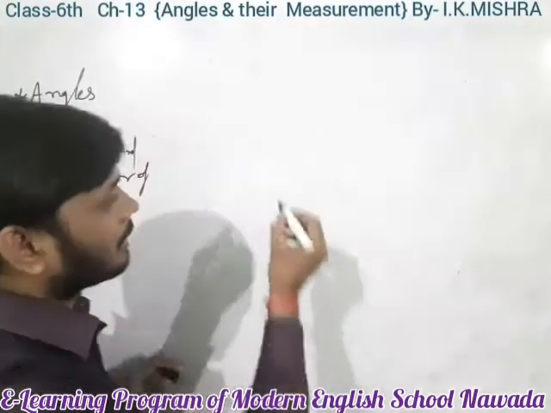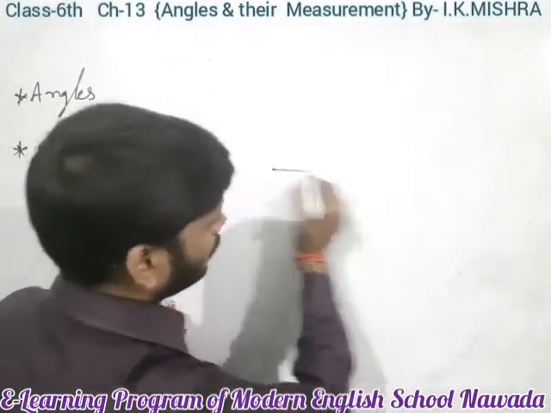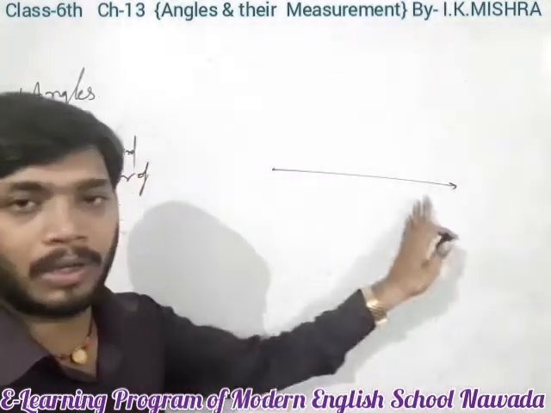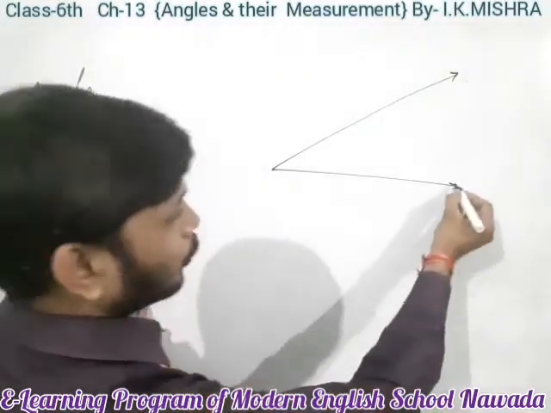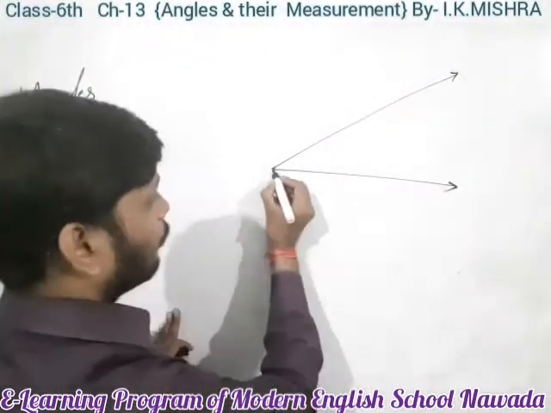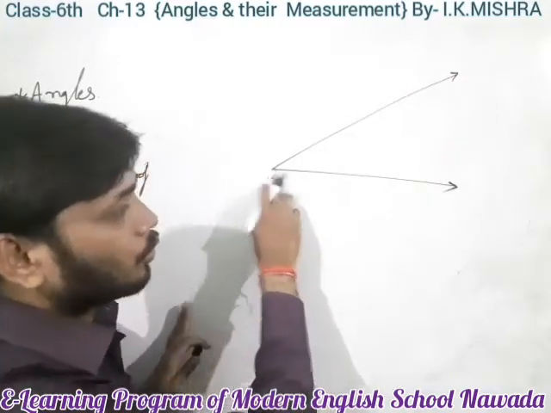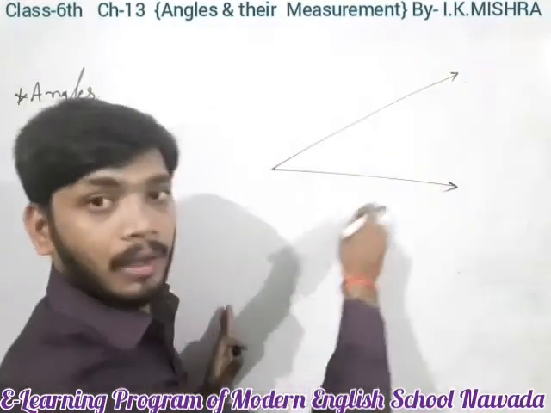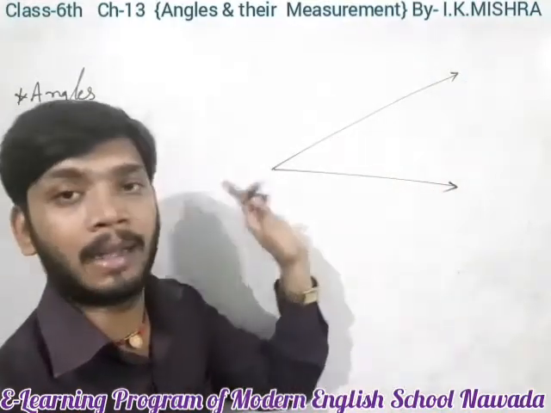Suppose a point is given and one ray goes in this direction and another ray in this direction. Both rays have the same initial point, that is, the same end point. So a figure is formed, and this figure is known as an angle.